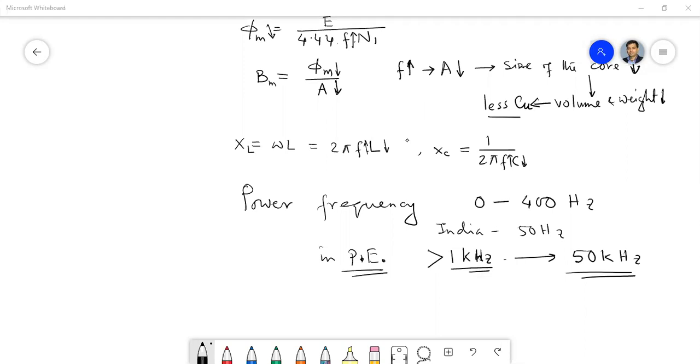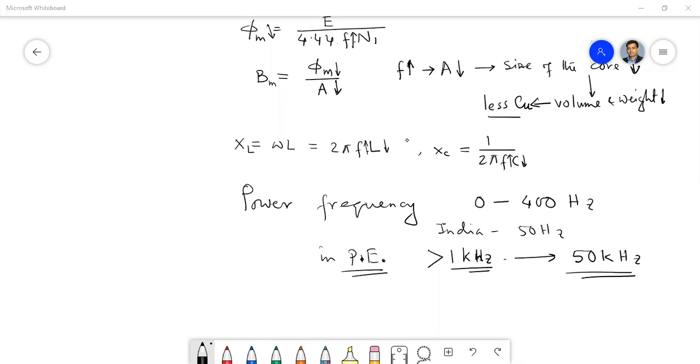If we keep the minimum number of poles, 2, then the speed required is very high, 3000 rpm, which is very high for any alternator. Generally, turbo alternators are also rotated at 1500 rpm, not even 3000.